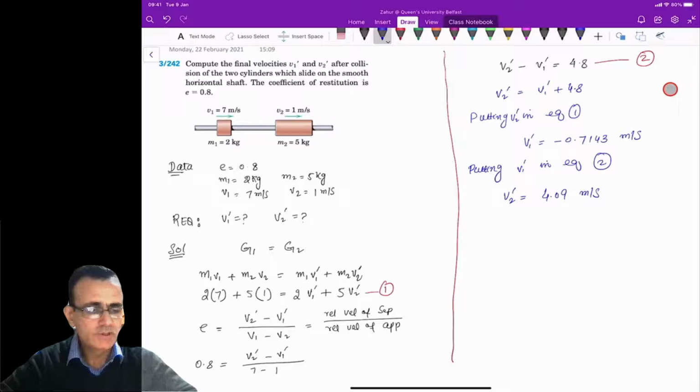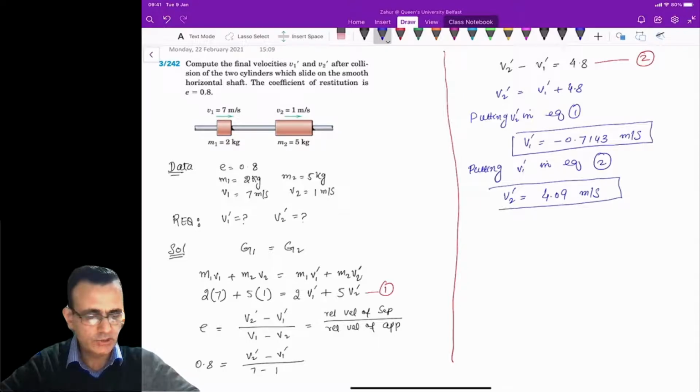So as you can see, the v1 dash is negative, and v2 dash is positive. So this means that this one is toward the left side, because initially the two velocities were in this direction here, but now you get a negative sign here.